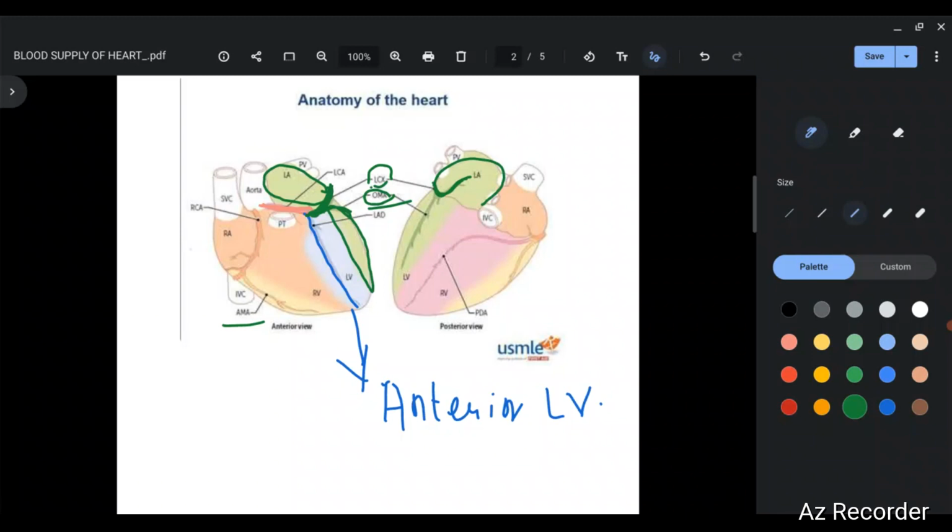So the left circumflex artery is classically located in the atrioventricular groove on the left side. This is very important. You need to know about this. Which artery is present in the anterior interventricular groove? It is your left anterior descending artery. So let's take a quick quiz.